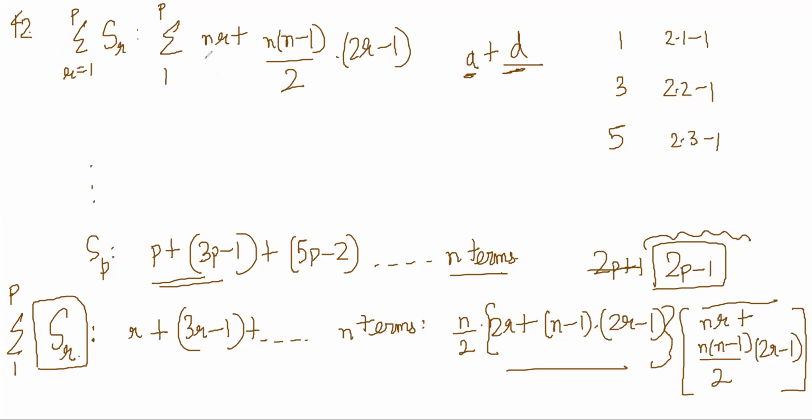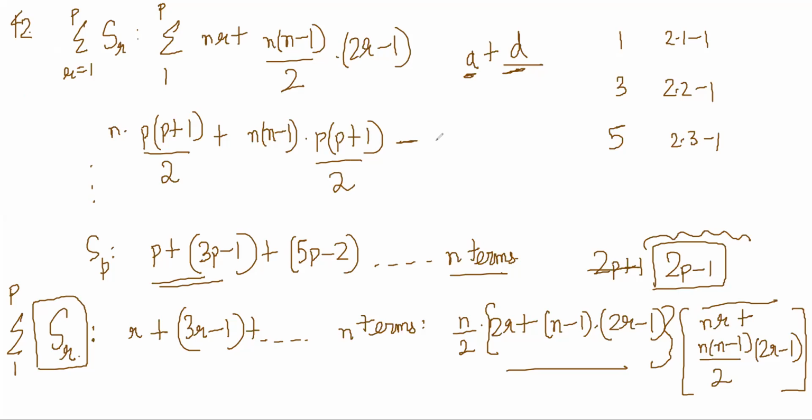Here the variation is in the r variable; n is constant. So this will be n into p into p plus 1 by 2, plus n into n minus 1 into p plus 1 by 2, minus n into n minus 1 by 2 into p. I have summed up all the terms.